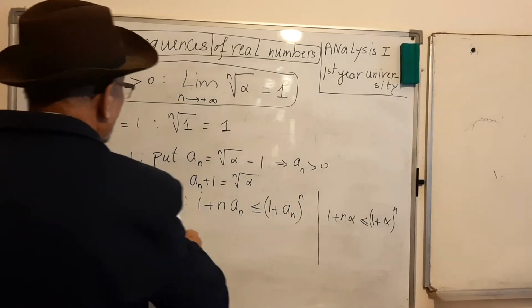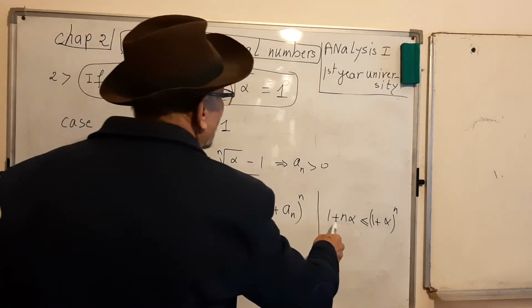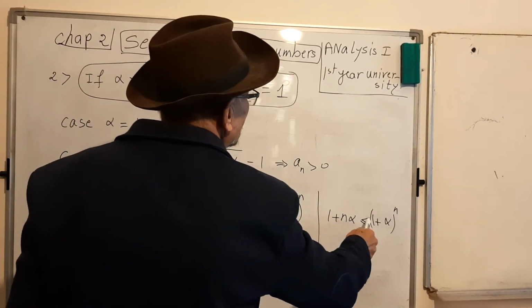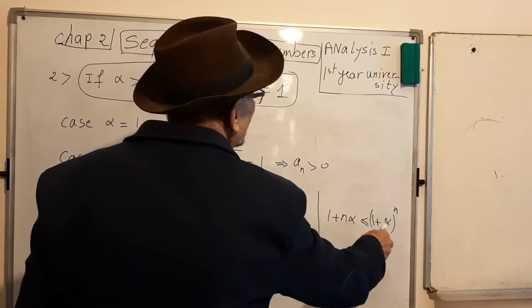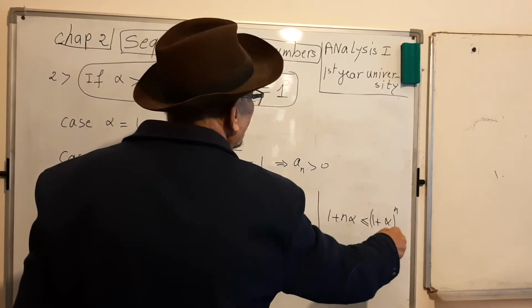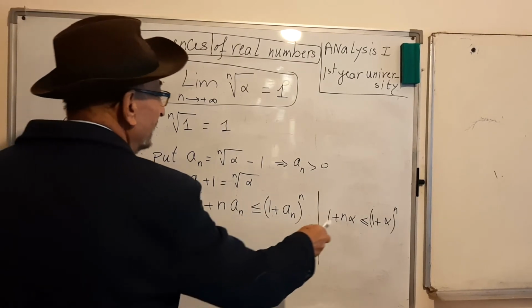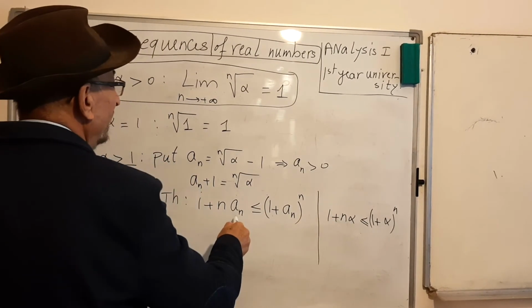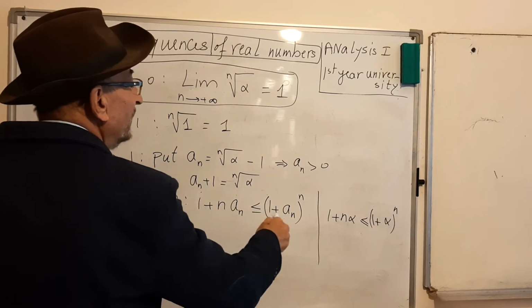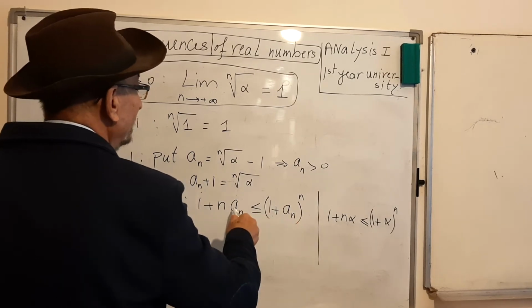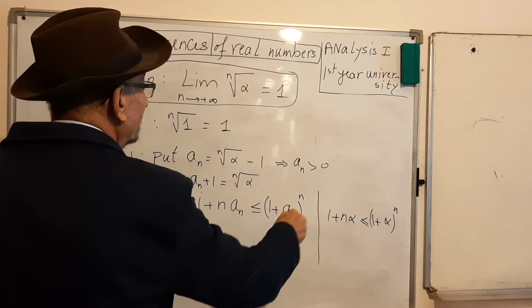The binomial theorem is 1 plus n alpha less than or equal to (1 plus alpha) power n. So 1 plus n an, if alpha equals an, is less than or equal to (1 plus an) to the power n.